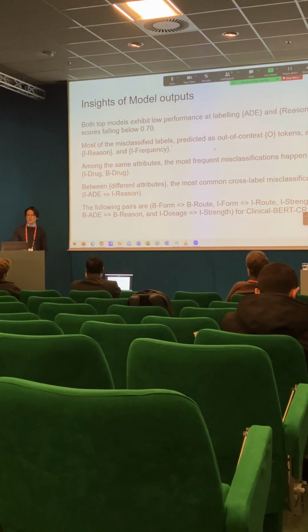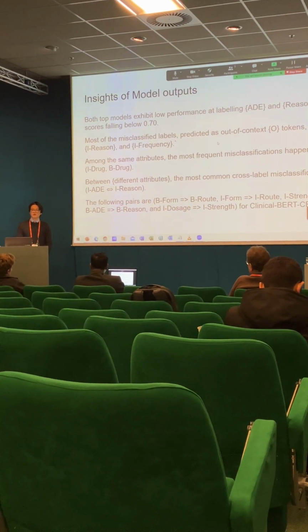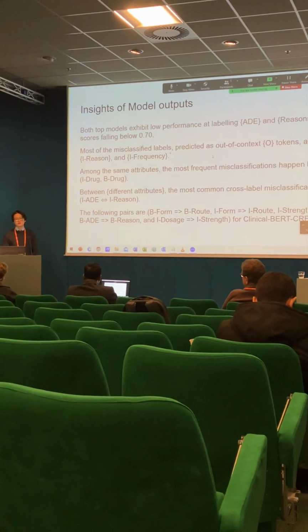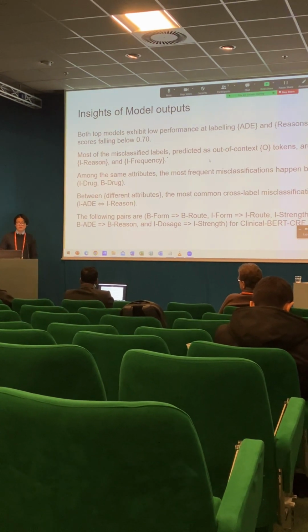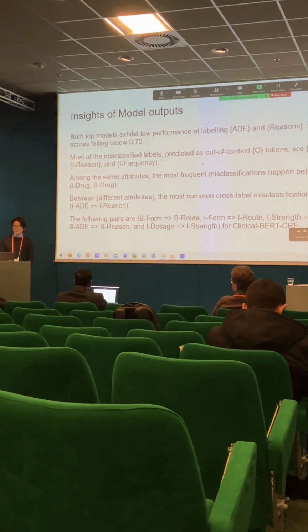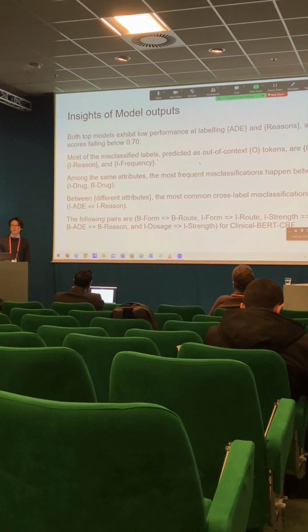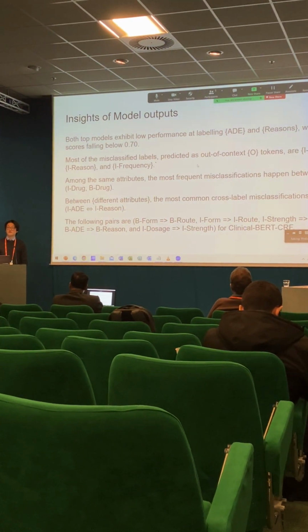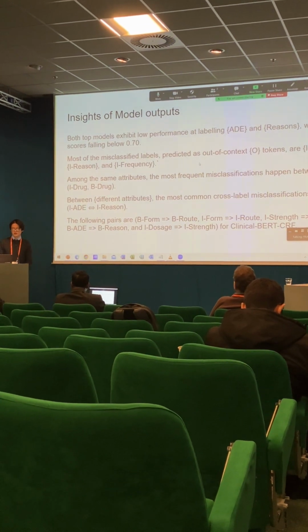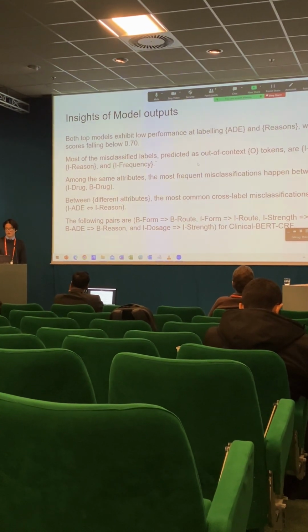In the morning, my colleague talked about knowledge graphs. Maybe you can integrate a domain knowledge graph to help the model infer whether it's the beginning or inner part of a drug, if you strictly require that.